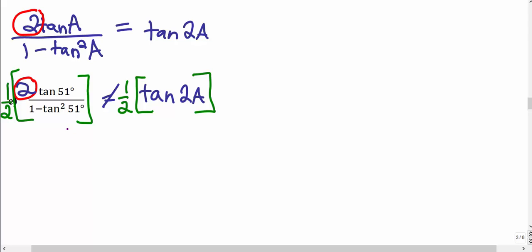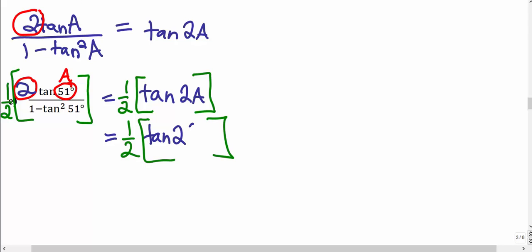Alright, so let's simplify. The angle A in our expression is 51 degrees. And now we can say these are equivalent, so we'll get rid of that inequality. So we'll have 1/2 tangent of twice the angle, and the angle that we're using for A is 51 degrees. Now we're going to simplify inside of tangent.